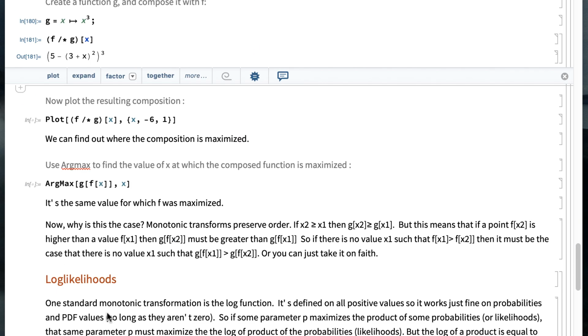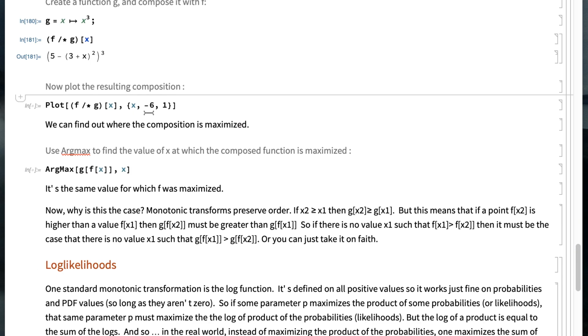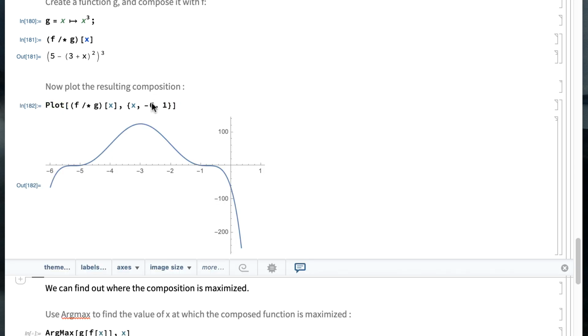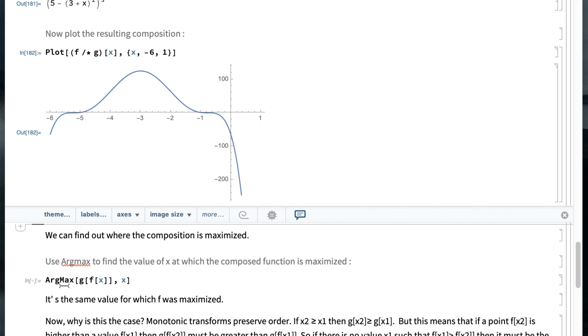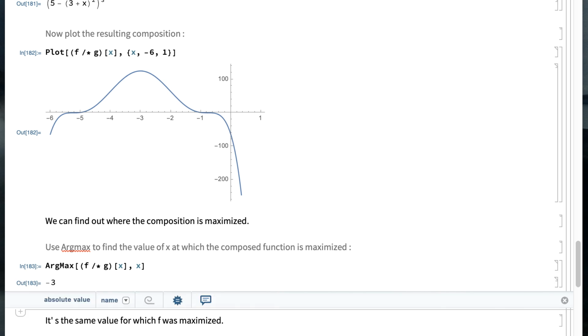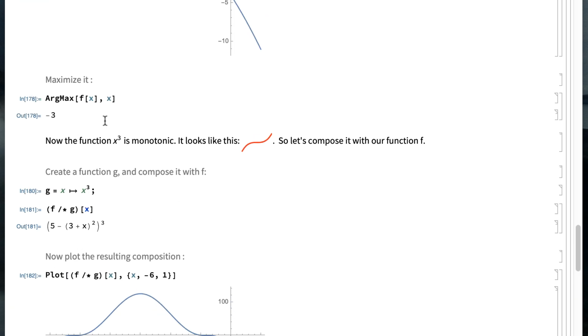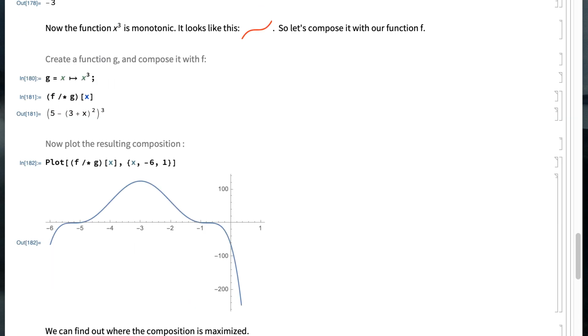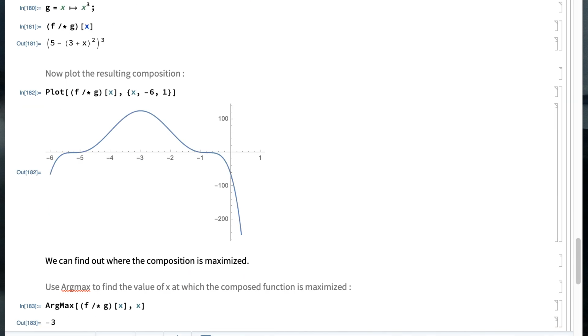And now let's actually plot the composed function. Okay, there's our composed function. Let's run argmax on g of f of x, and probably for notational consistency, I ought to write it this way. And it's -3, okay, which is the same thing we got up here. So that doesn't prove my point, but it at least illustrates my point.